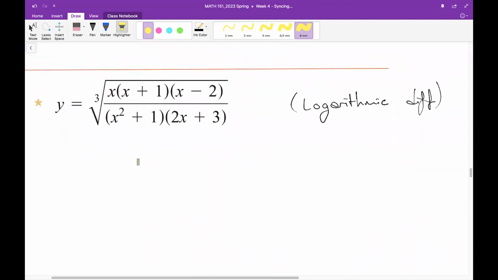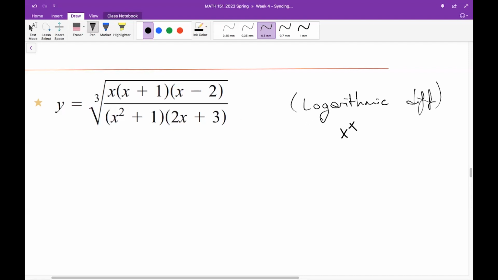Okay, look at this function. Even if it is not in this form x to the power x, or like f of x to the power g of x in more general, even if it is not in that form, I put logarithmic differentiation as a hint here. So let me explain why we should also apply logarithmic differentiation to this form too.